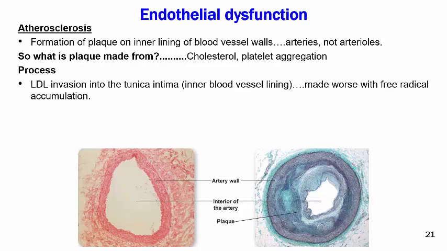So the process that takes place in the formation of this plaque begins with LDL invasion into the tunica intima or interna. Those two terms are used interchangeably. And this is the inner lining of the blood vessel in question here.